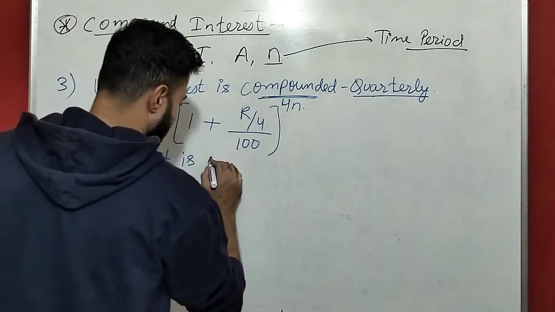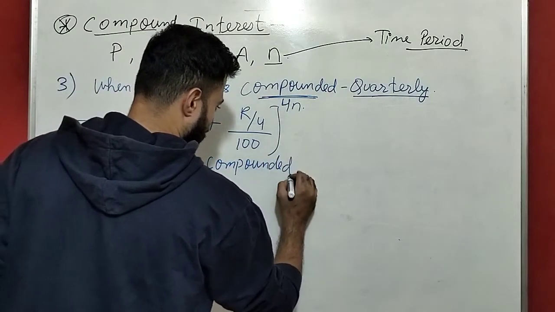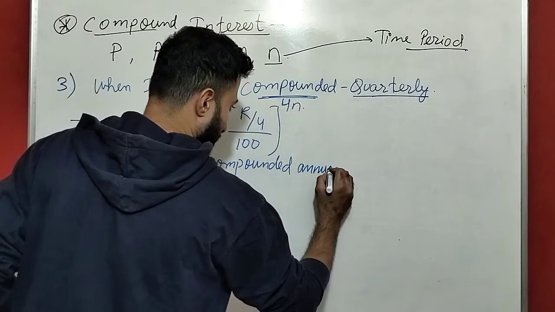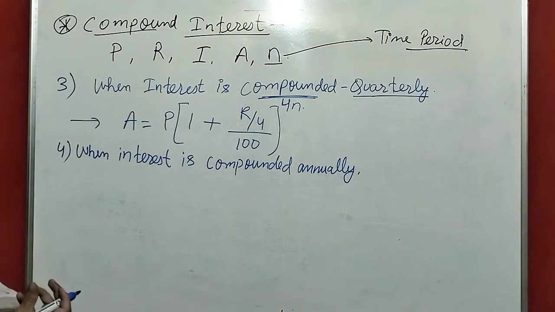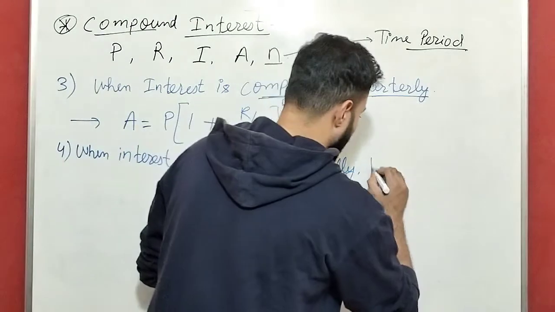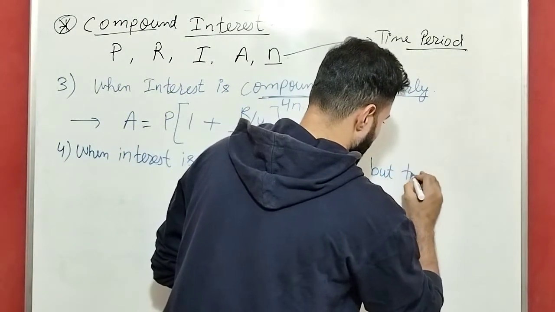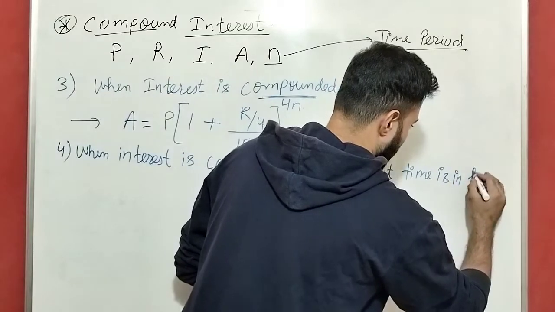Formula number 4, guys: when interest is compounded annually. You remember this concept while doing the sum; at that time I will remind you, then you will easily understand. When interest is compounded annually but time is in fraction.